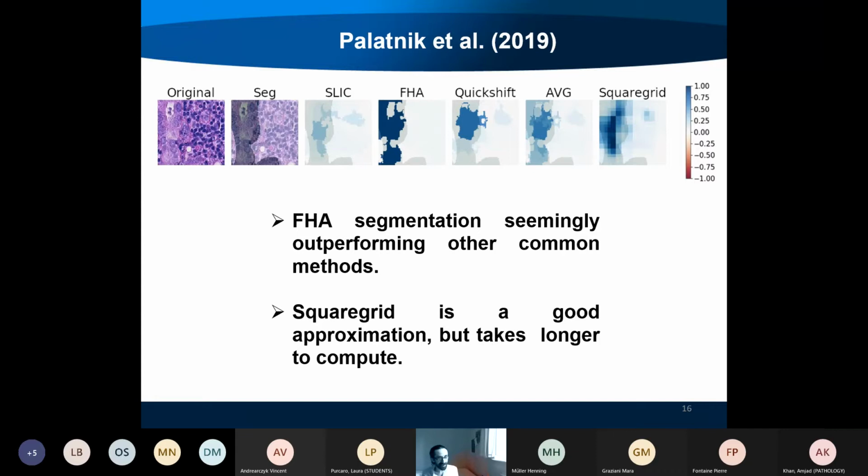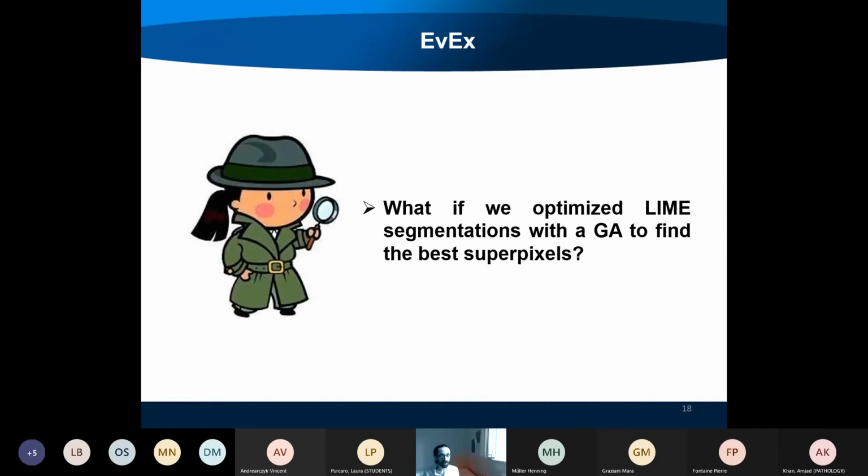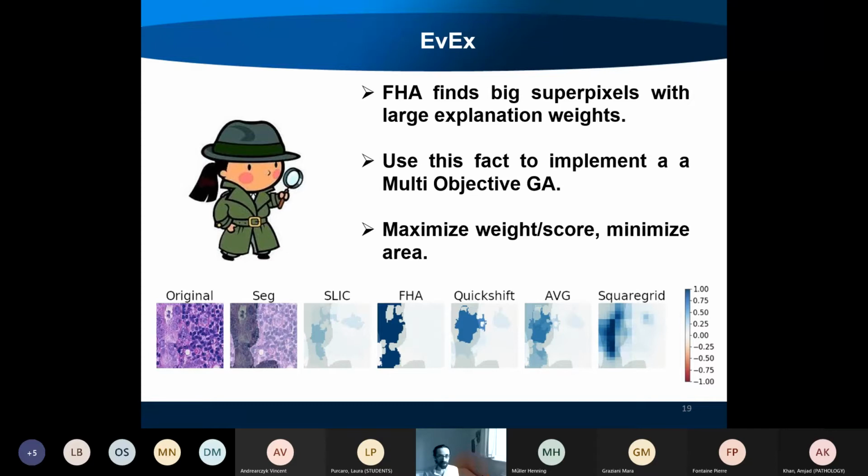If you cover everything, there's something relevant in there. So we had to think, well, okay, maybe we want to maximize the explanatory weight, but at the same time minimize the area. So this already complicates the problem a little. Now it's a multi-objective optimization, but we decided to try it. And that's what we did.